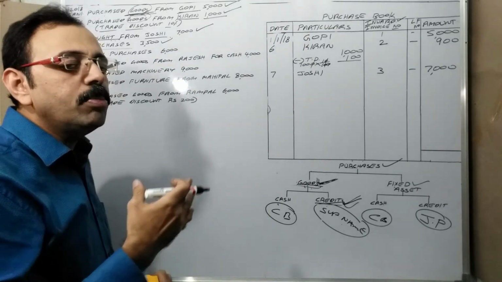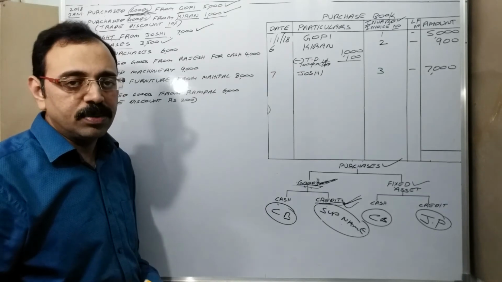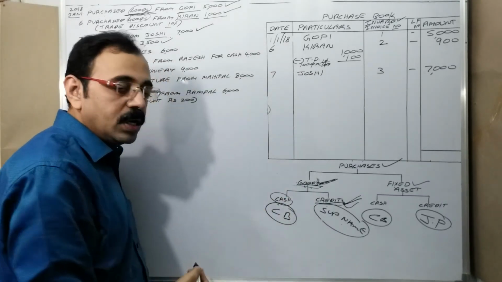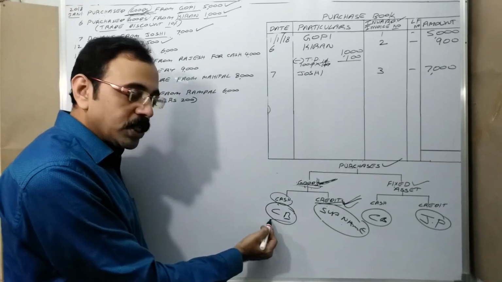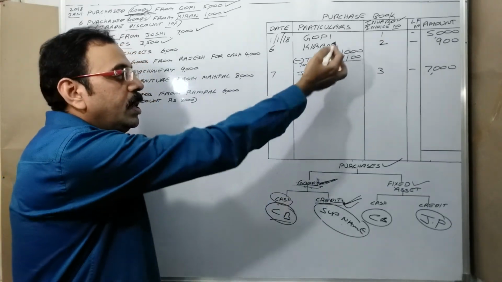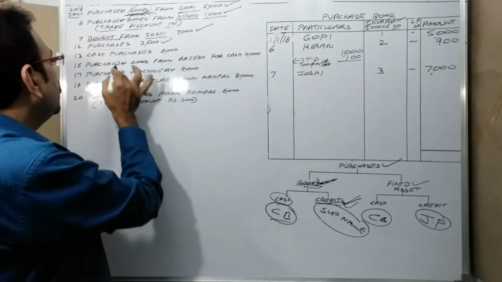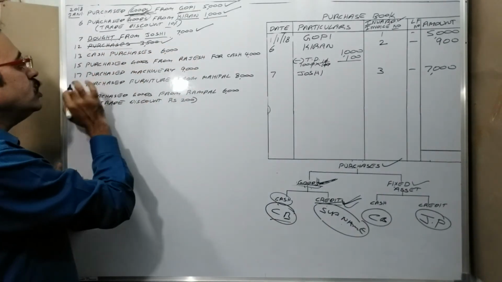When do we not need to remember the supplier's name? In case of cash purchases. Therefore, it comes under cash purchase. Where should we record cash purchases? In the cash book. We are preparing the purchase book at present, so don't record in this book.